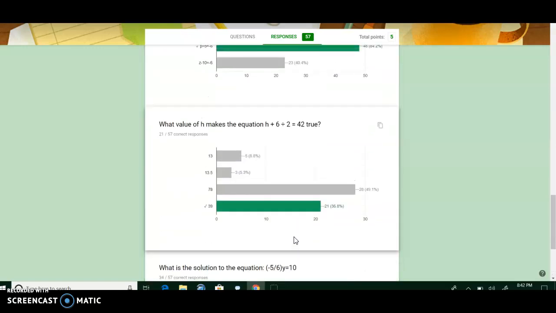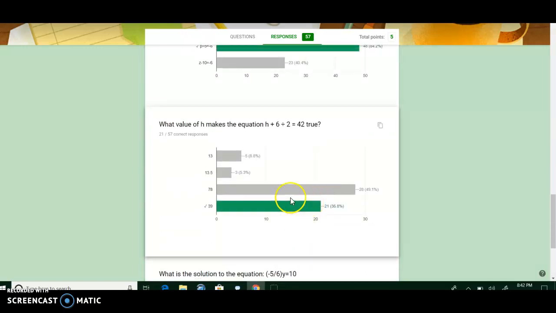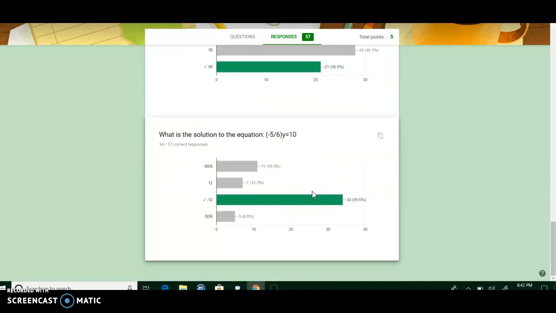And it's a nice way to pull up that data and share it with your students. They would also receive this feedback individually once they answer the questions, but showing them as a class, hey, a lot of people missed this question. Let's talk about this question right now. So I really like that feature of Google Forms.